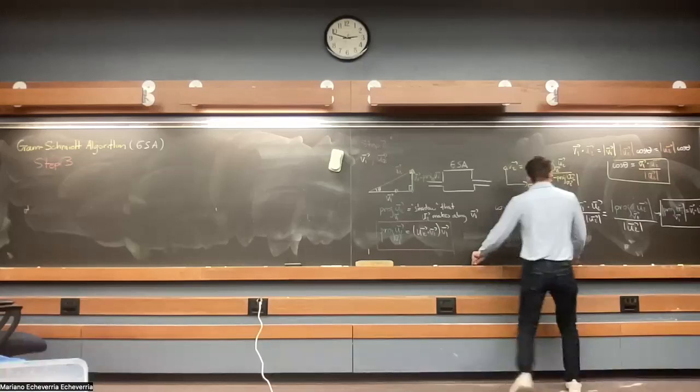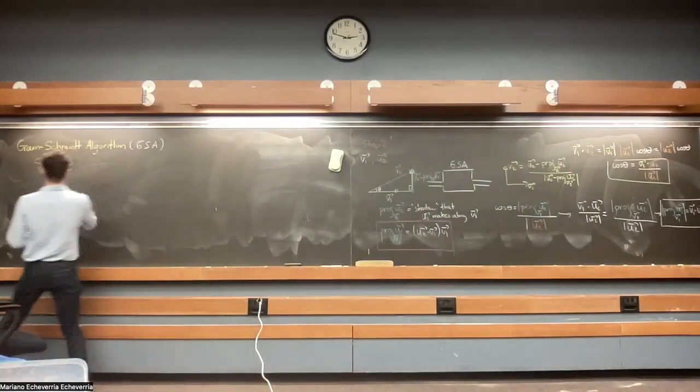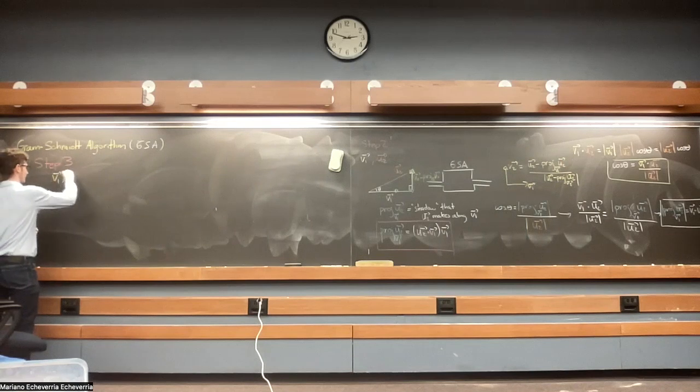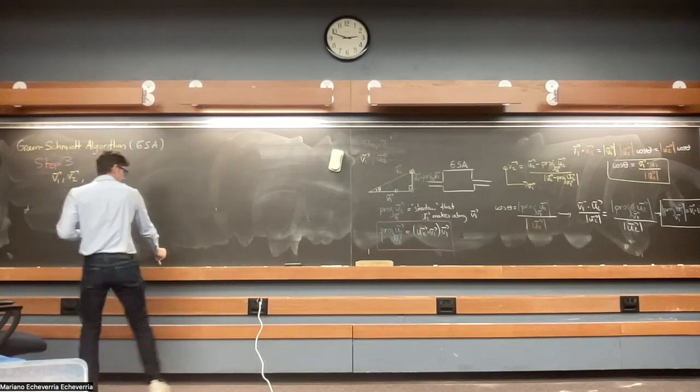So in step 3, now we have V1, V2. And now you have a third vector, which was U3, from the previous basis.